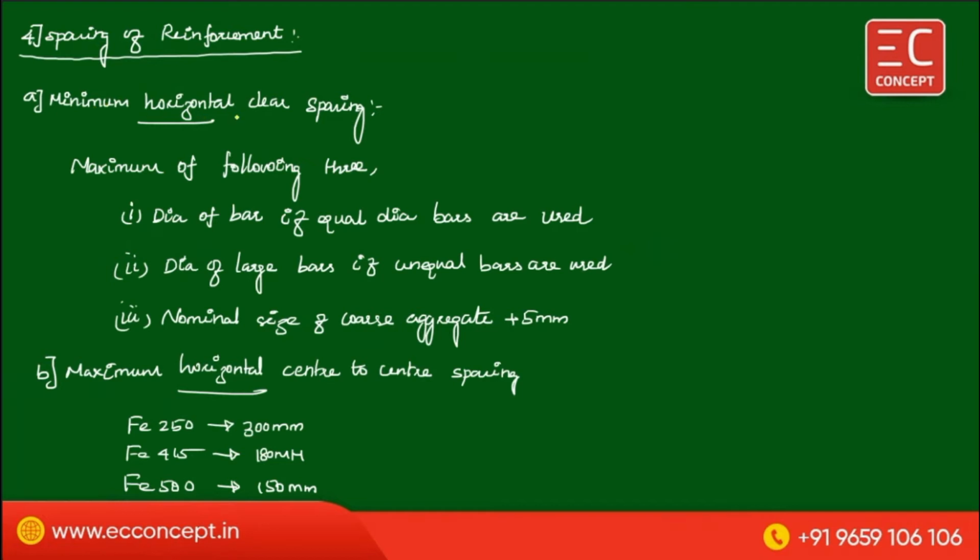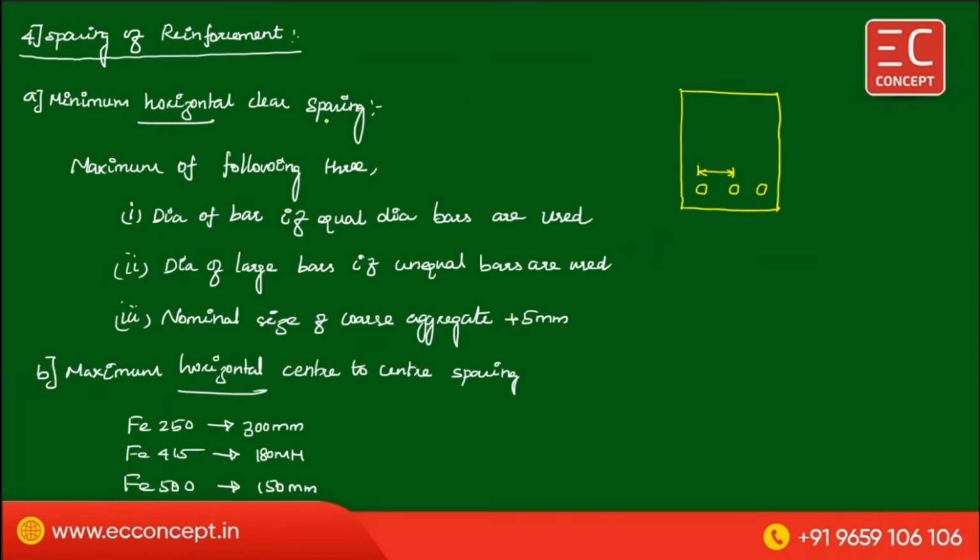Now the fourth one is the spacing of the reinforcement. First one is the minimum horizontal clear spacing. This is a reinforcement in a cross section. This is one bar, this is another bar, this is another bar. The bars go perpendicular to this screen. This is the horizontal spacing.